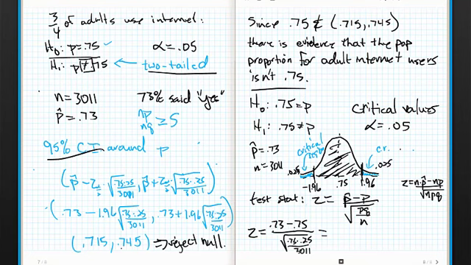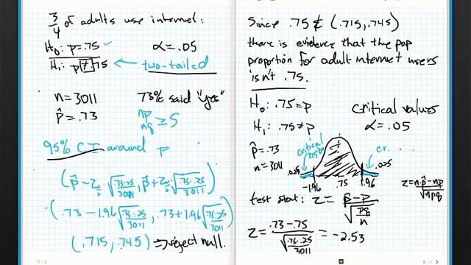I'm going to take negative 0.02 and divide it by the square root of 0.75 times 0.25 divided by 3011. And this is, watch this, negative 2.53.